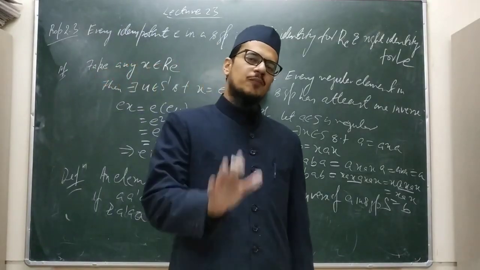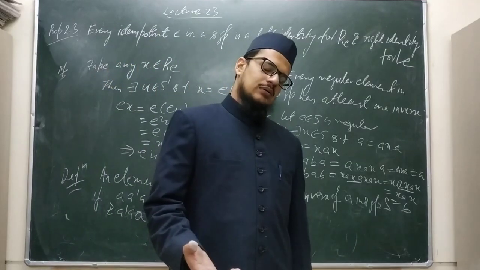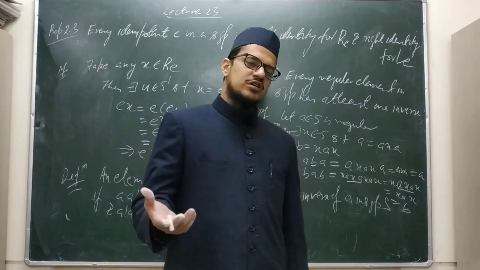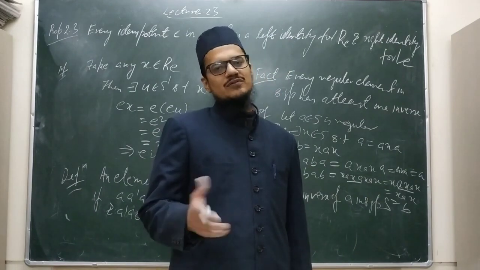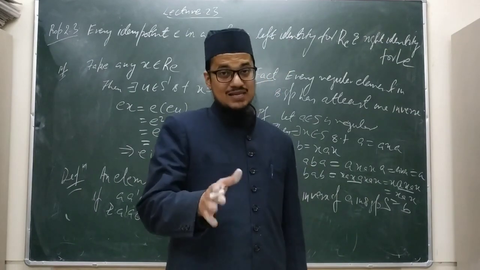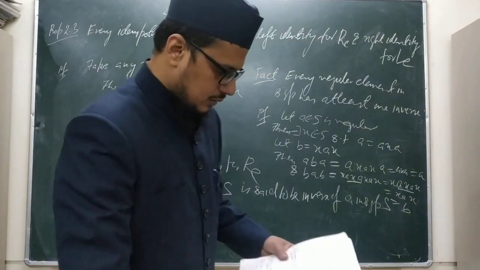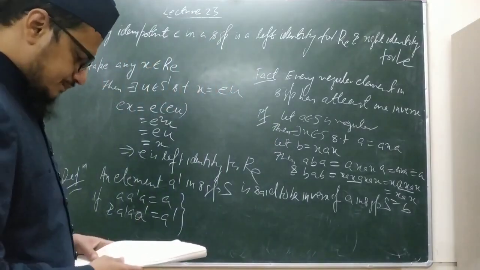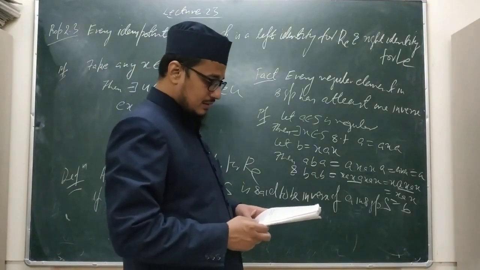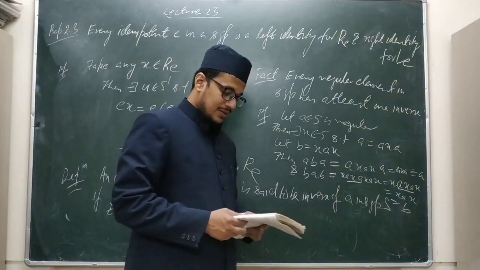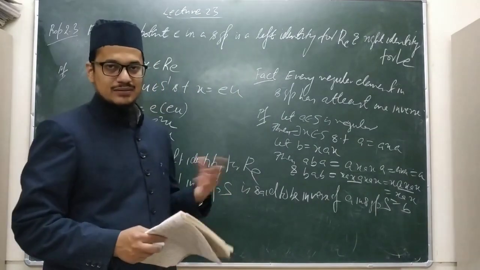So it's not like groups where elements have unique inverses. No. In a regular semigroup, an element may have more than one inverse. Inverse is not unique, but at least it has one inverse. We have proved. And one example is that if you take a rectangular band, then every element is an inverse of any other element.